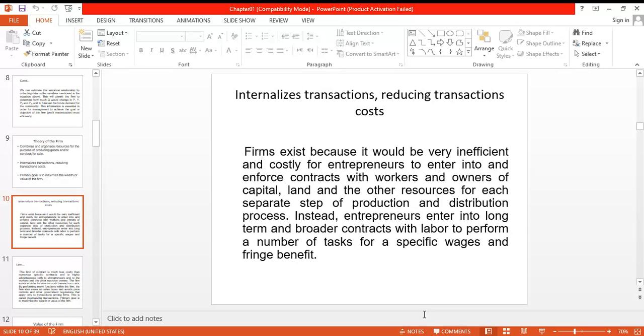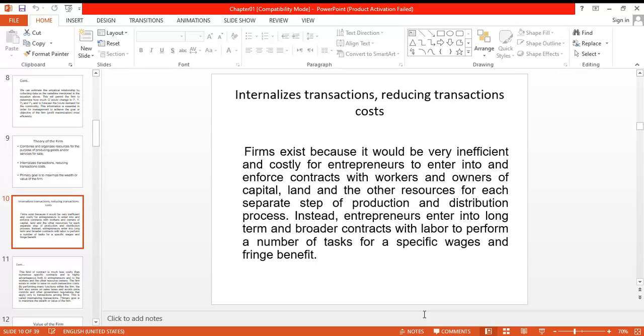Once again, let's look at what the transaction costs are. The reduction of transaction costs comes from the idea of reducing inefficiency. You do not want to enter into one contract after another in order to make use of land, labor, and capital and other resources.